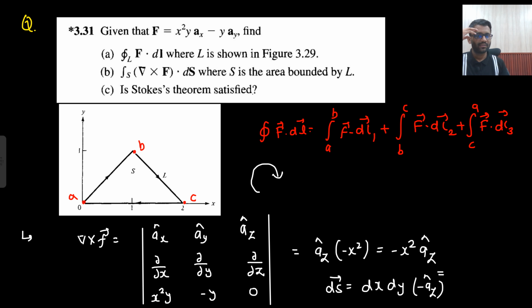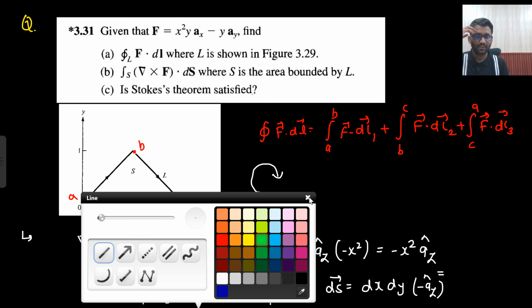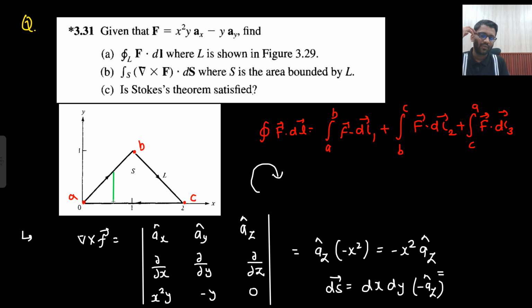Strip I will choose, let's just say 99% of the chance is there you will choose the strip like this, right? So this is the strip I have chosen. I will move the strip along x, so I can see that my x is going from 0 to 2.